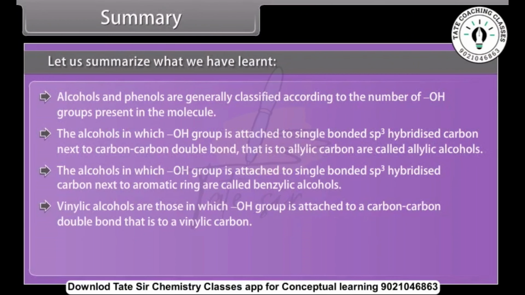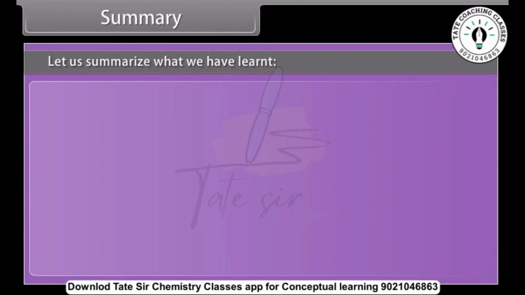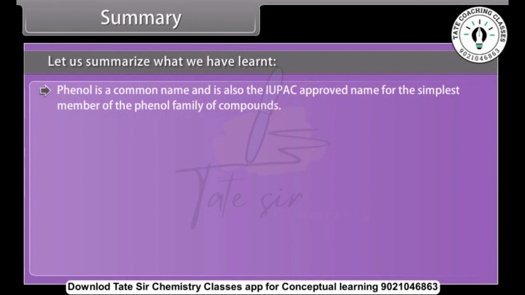Alcohols can be named either by using the common name system or by the IUPAC system of nomenclature. Phenol is a common name and is also the IUPAC approved name for the simplest member of the phenol family of compounds.